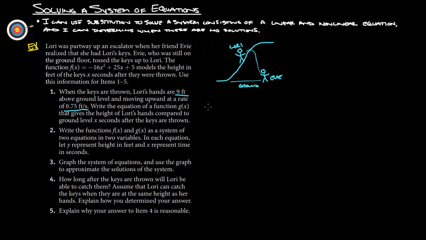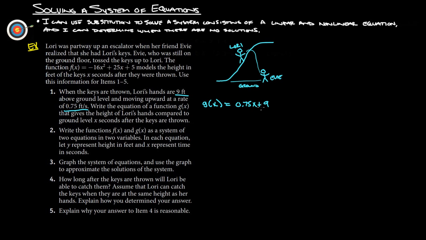Okay, so to write an equation for that, g of x is going to equal, so she's starting at 9 feet above, and then it's gaining 0.75 feet per second, and it's x seconds after the keys are thrown, so it's going to be x, okay?